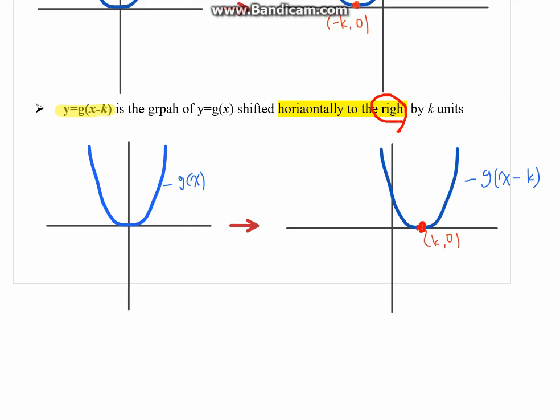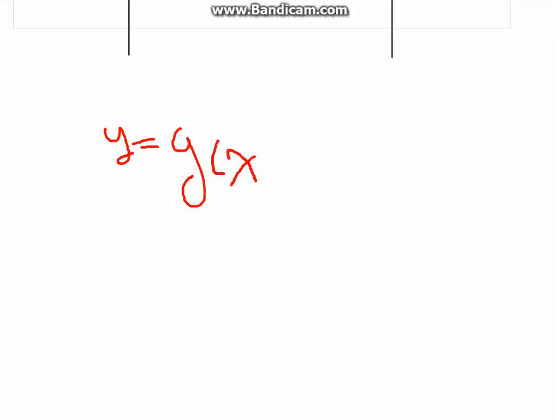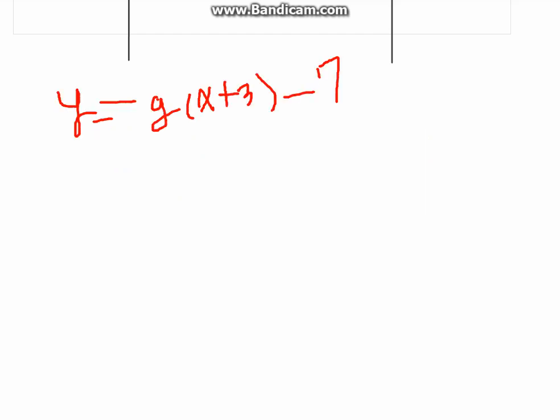Okay, so we've looked at both horizontal and vertical shifts. So let's say we have a graph y equals g(x plus 3) minus 7. Please excuse my slow writing, I'm going as fast as I can. Okay, I had to change the graph a bit.